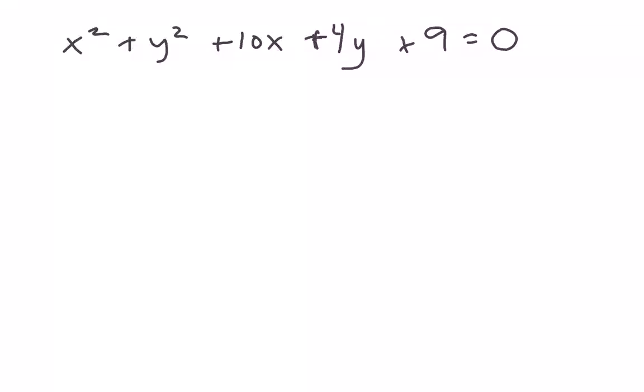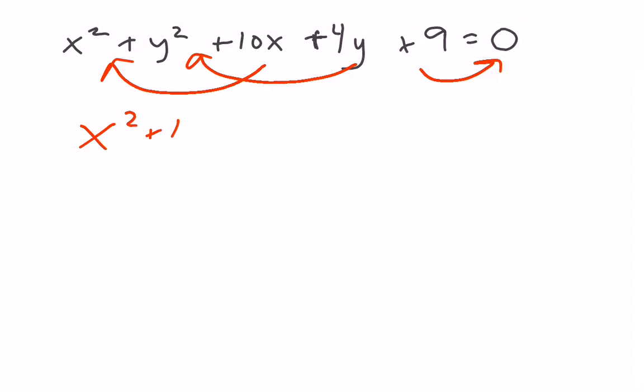And the last problem, move your x, move your y, and move your constant. Make sure you change the sign of that 9. It should be negative when you go to the other side.